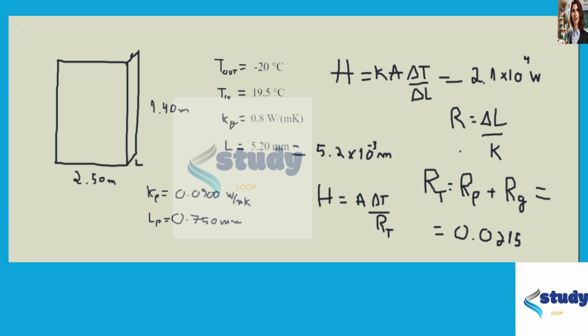0.0215 meters squared Kelvin per watt. Now with R total, we can find the heat flow passing through everything. So let's open a new one, and the heat flow passing through everything is just the area times delta T divided by R total.